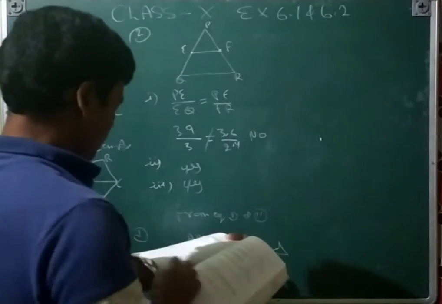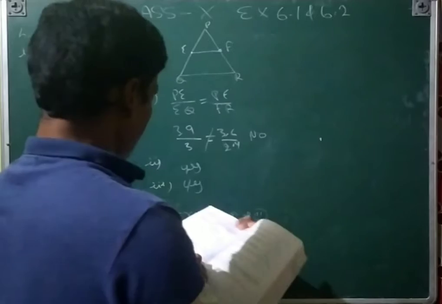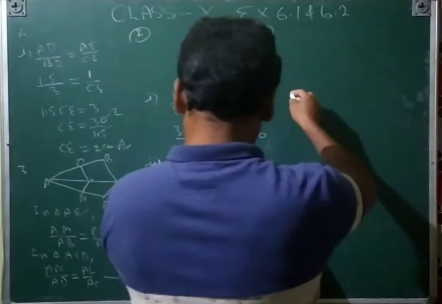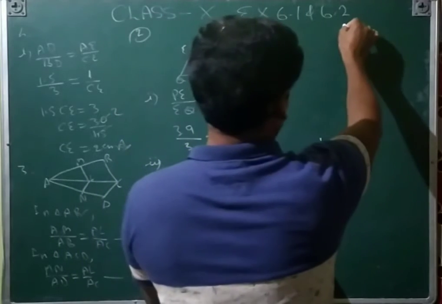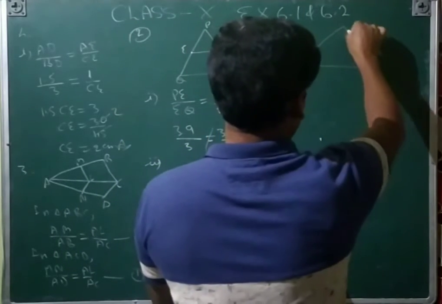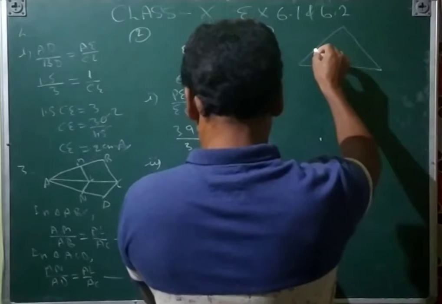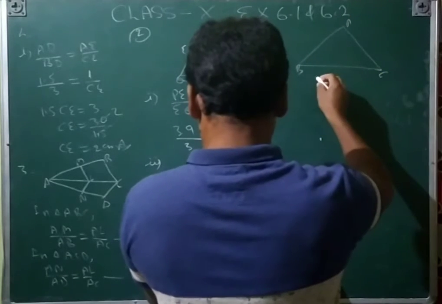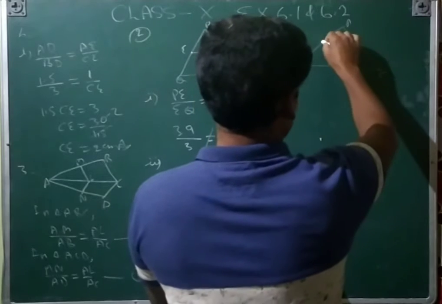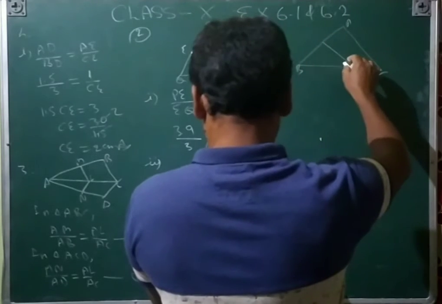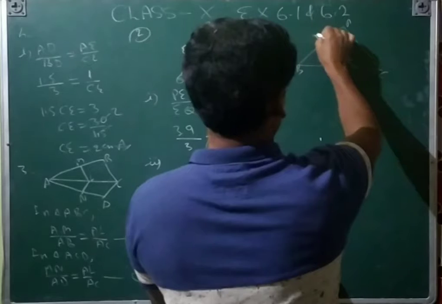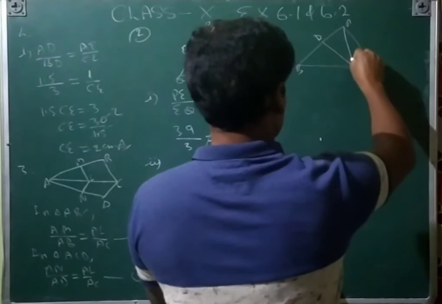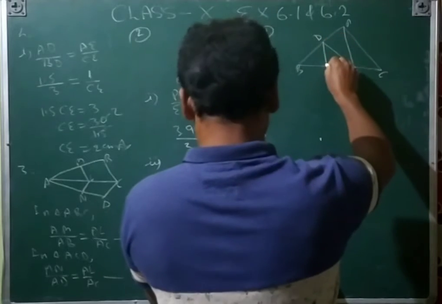Now the question number 4. This diagram is also given here, that is triangle ABC. This is the parallel, that is DE, and this one is also parallel.